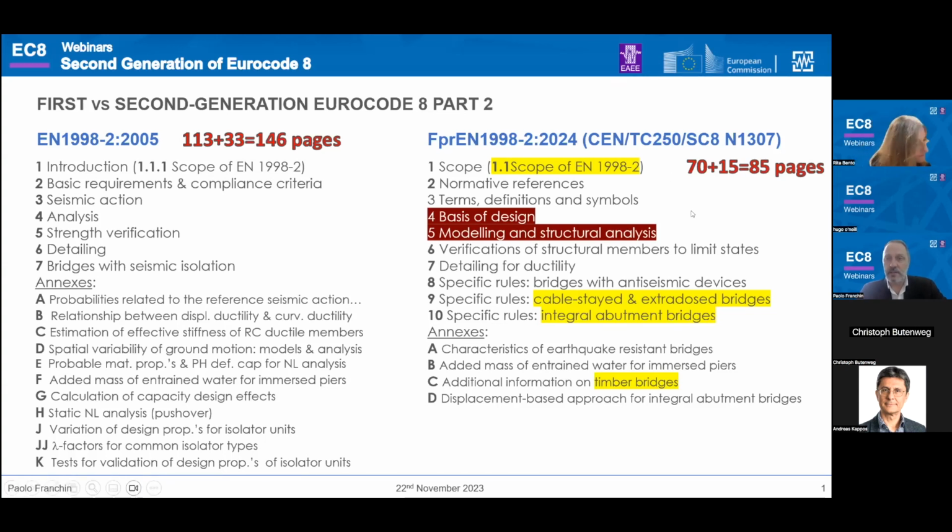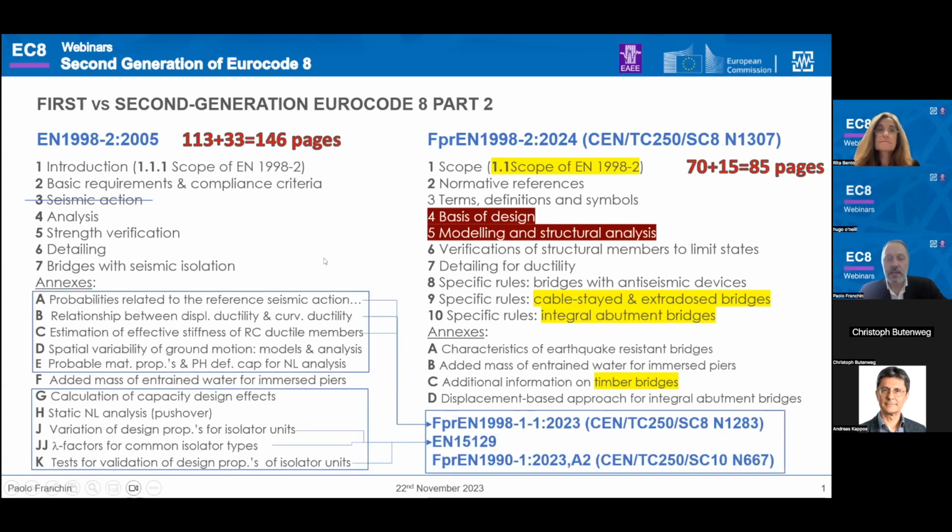Notwithstanding this increase of scope that was asked in the mandate for the revision of the Eurocodes, we managed to reduce the size of the document from 146 pages to 85 pages. So a relatively slim document. Most of this happened, and it was not to our merit, because there were a lot of replications in Eurocode 8 part 2 with respect to Eurocode 8 part 1, for instance.